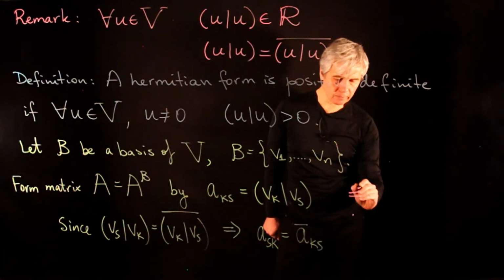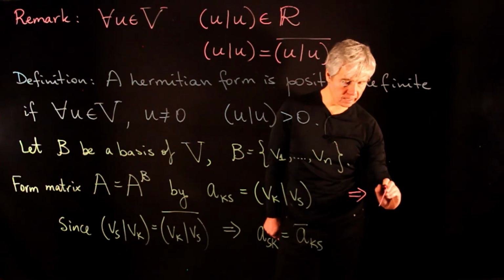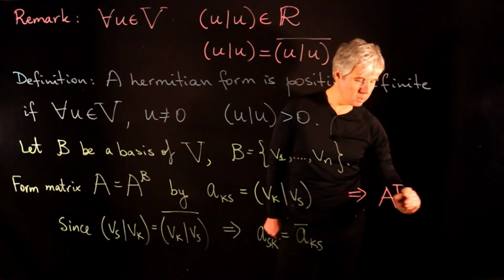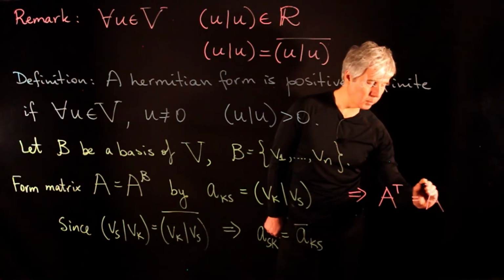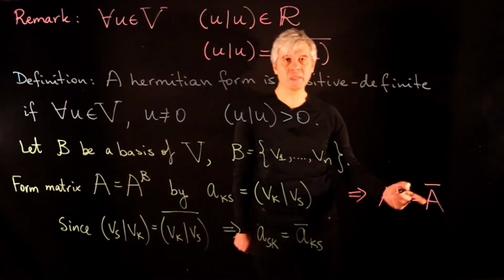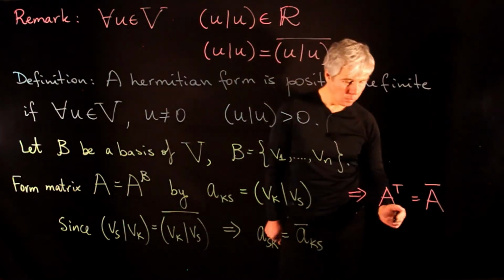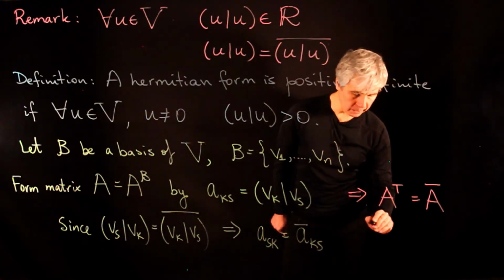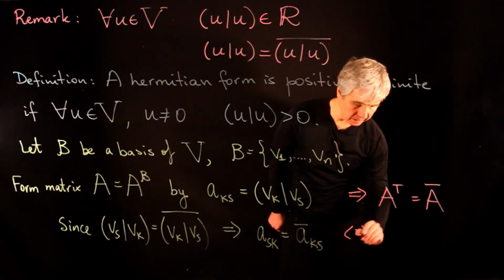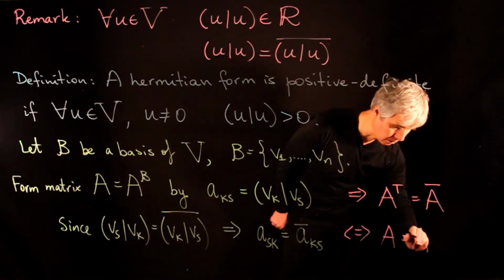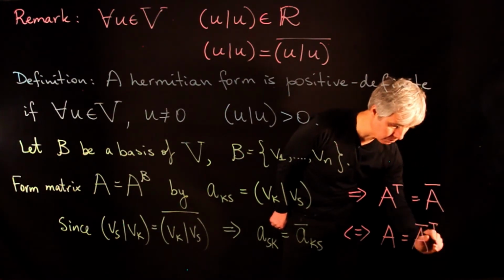This gives us the following relationship: when we take the transpose of the matrix A, this will be equal to the complex conjugate of the matrix A, where we conjugate every entry. This can also be equivalently written as A is equal to A bar transpose.